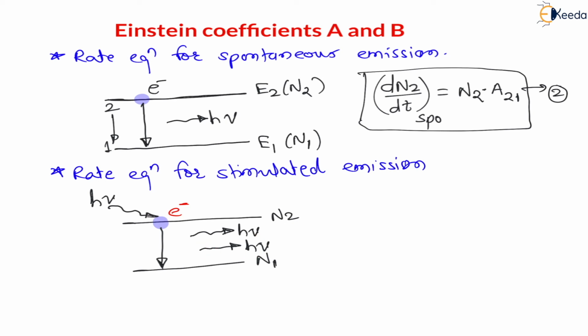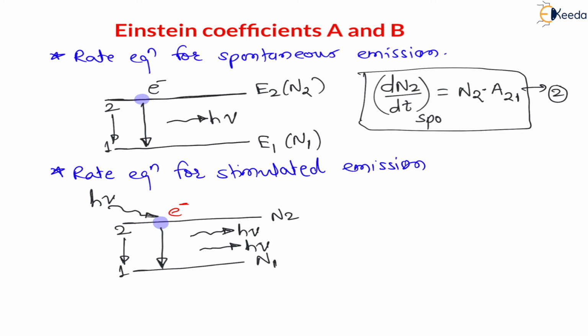Now my dear students, during this process the motion is again from the higher energy level to the lower energy level, therefore the rate equation will be written in terms of N2, right? And as the motion is from 2 to 1 and an external energy source is used, the constant will be B 2 to 1, right?